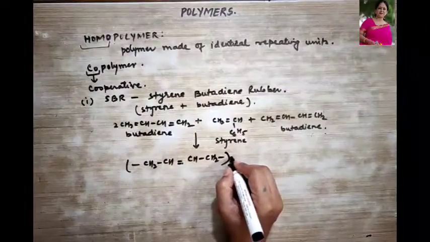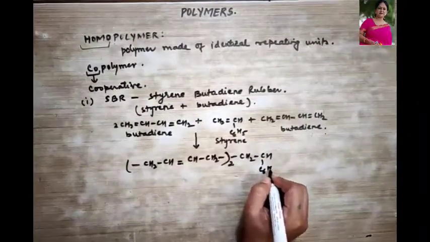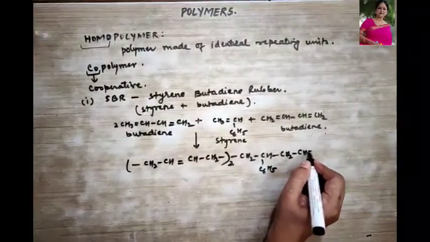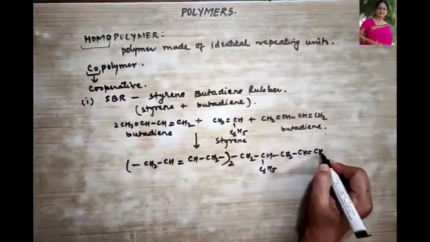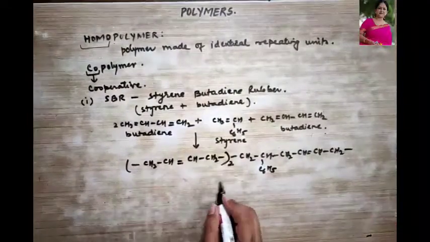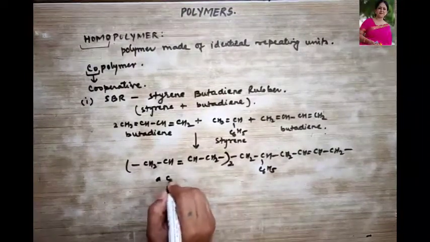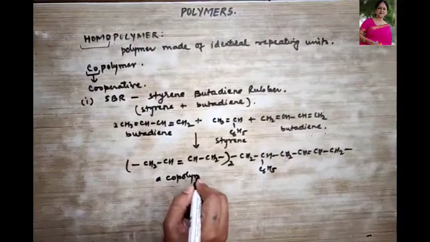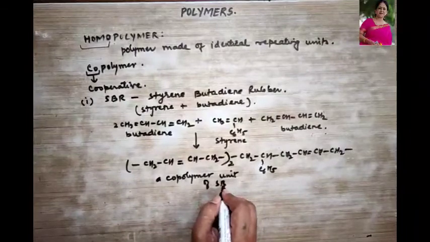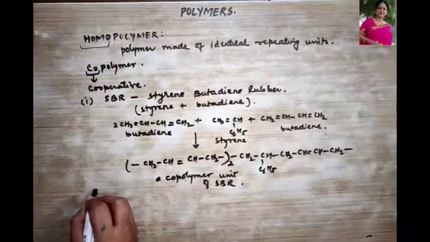Then this will be further combining with CH2CH C6H5, then CH2CH double bond CH2 and so on. This is a copolymer unit of SBR.